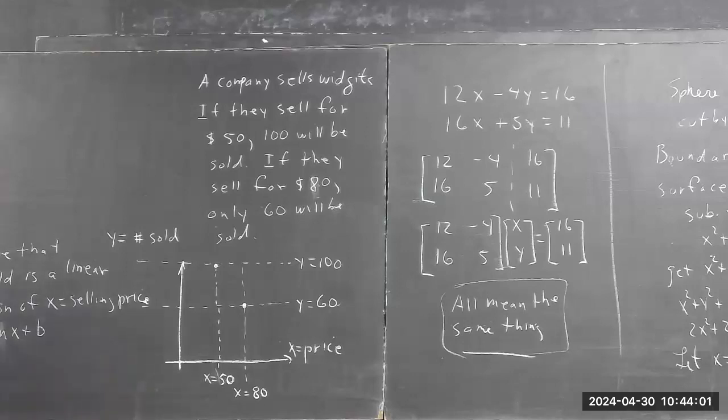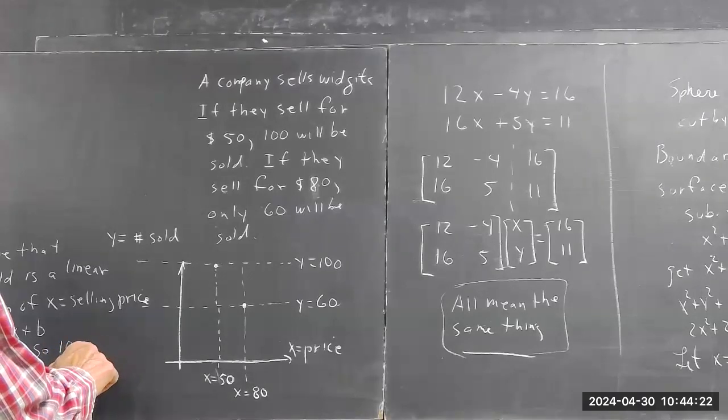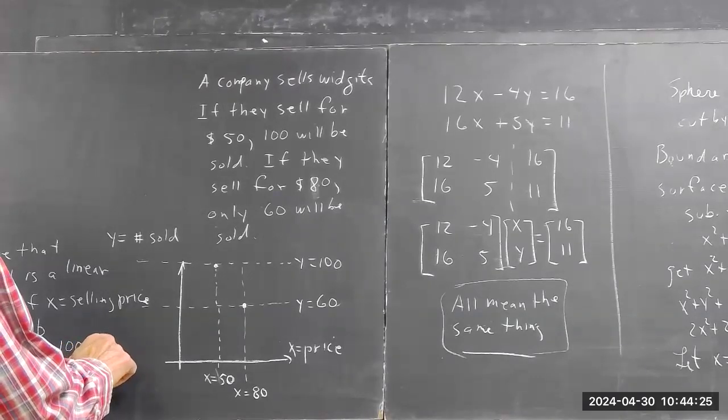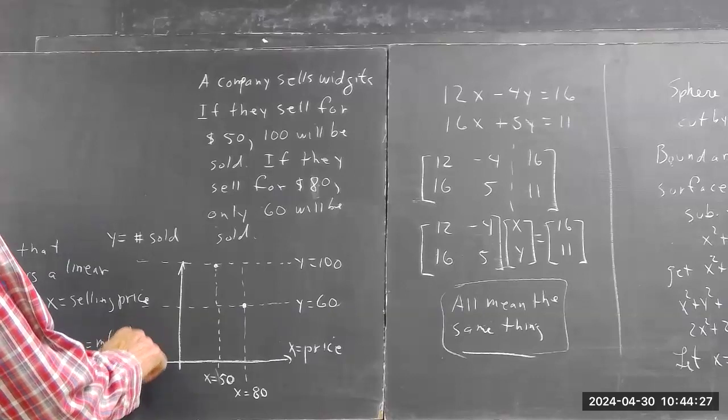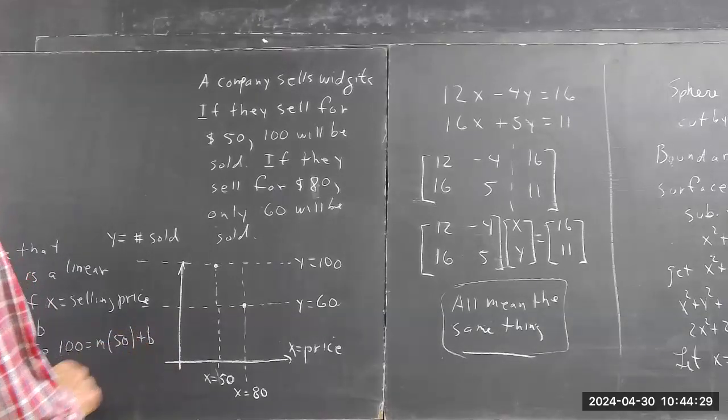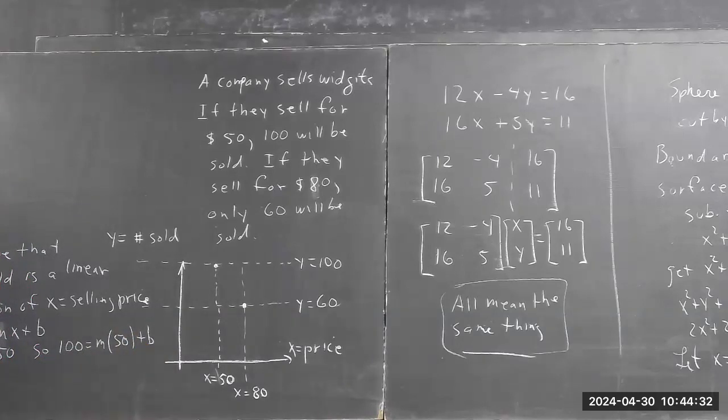Now, y equals 100 if x equals 50. So 100 equals m times 50 plus b. We got an x and a y. Plug in here. There we have it.